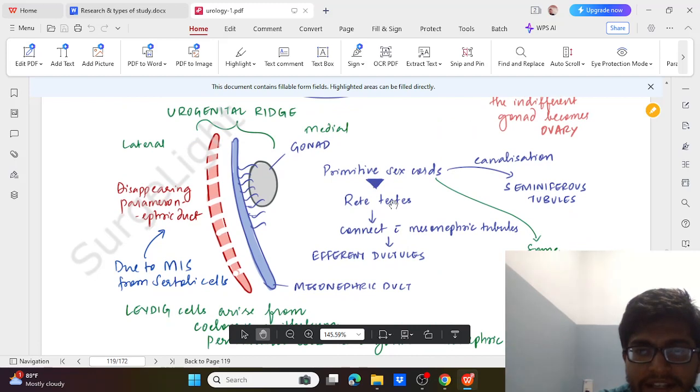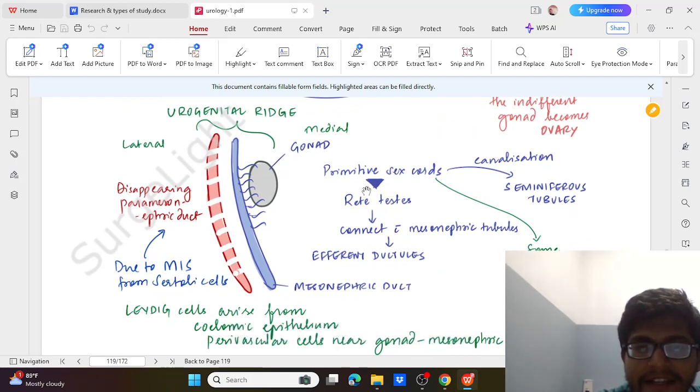So the primitive sex cords will form the rete testis and will connect with mesonephric tubules, which in turn will connect to the efferent ductules. And the primitive sex cords will undergo canalization to form the seminiferous tubule.